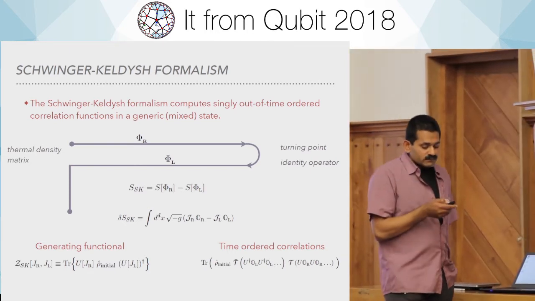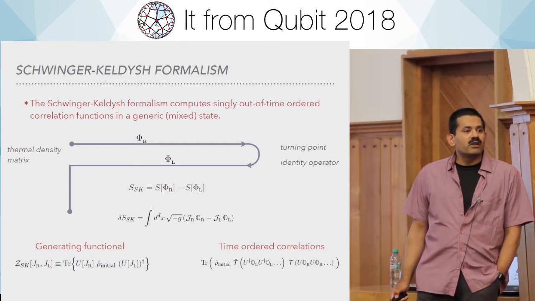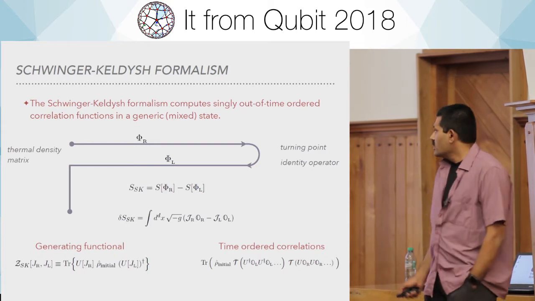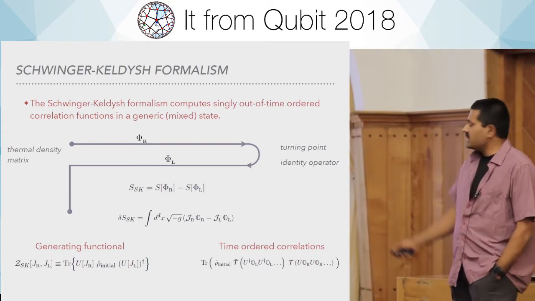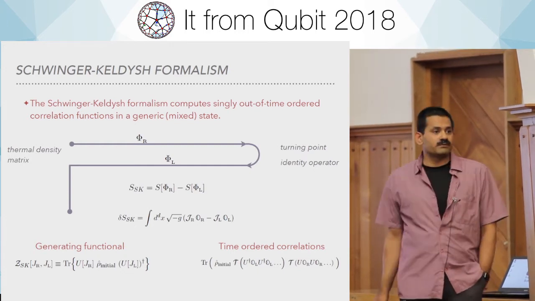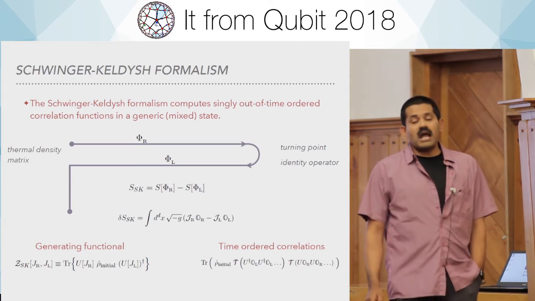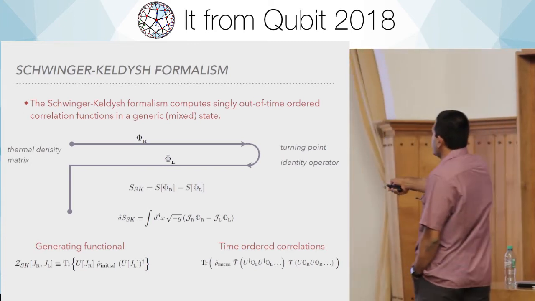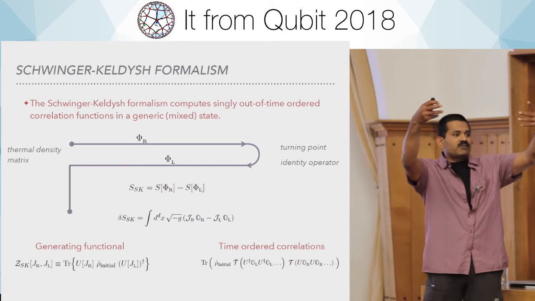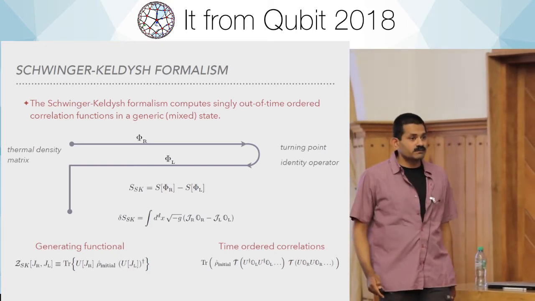The trouble is, while the action for the Schwinger-Keldysh theory is factorized, because of my initial thermal density matrix, I have correlations across the contours. The left-right correlation functions are non-zero. And if I start integrating out high energy degrees of freedom, those left-right correlations will lead to a non-factorized low energy action.